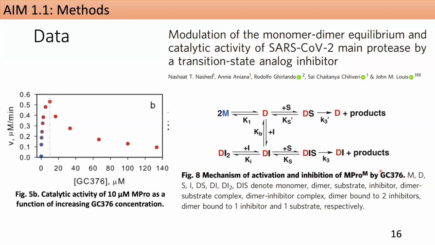So the data we analyzed first was from this publication from the Lewis group. And they had postulated the existence of this mechanism, but not actually fit this model to the data. I also want to mention that we don't have an analytical solution to this model.